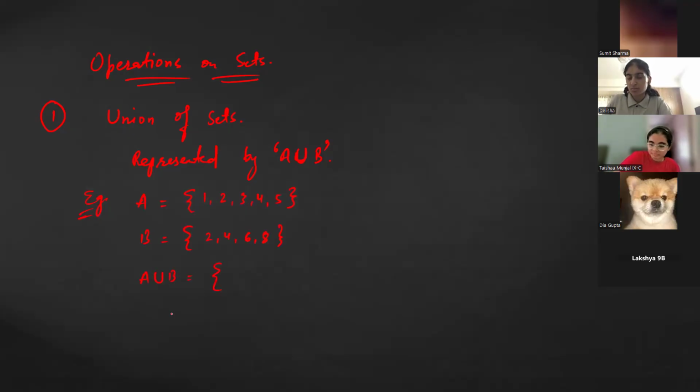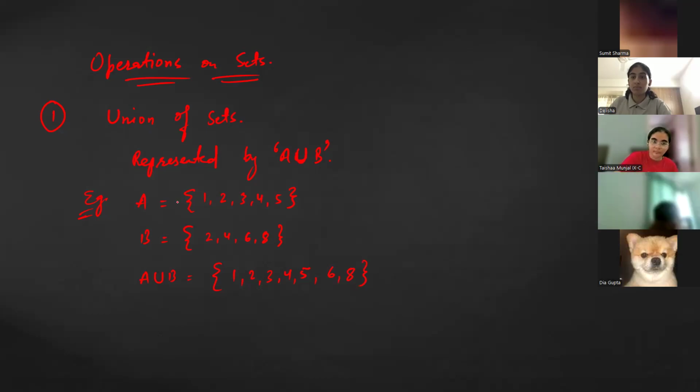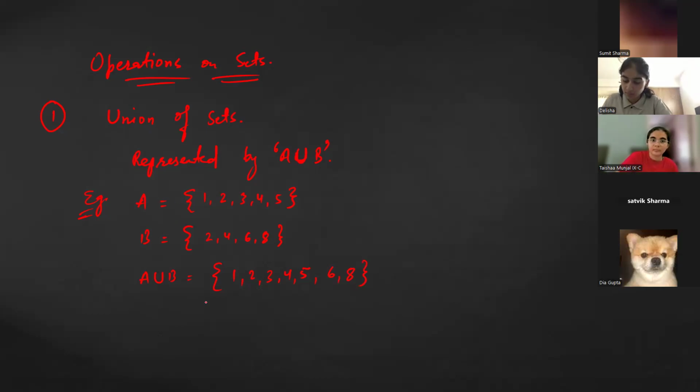A union B is basically you have to write all the elements of set A and set B in this set, and whichever is repeating, you will have to write it once only. So 1, 2, 3, 4, 5, 6, 8. Right? So all the elements of set A are there in A union B, and all the elements of B are also there in A union B. You can see that. So this is how union is represented.